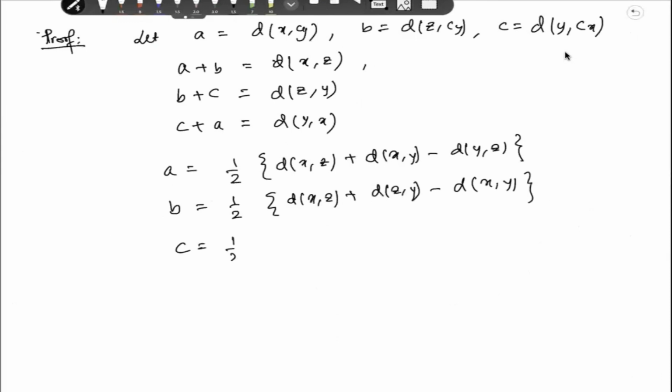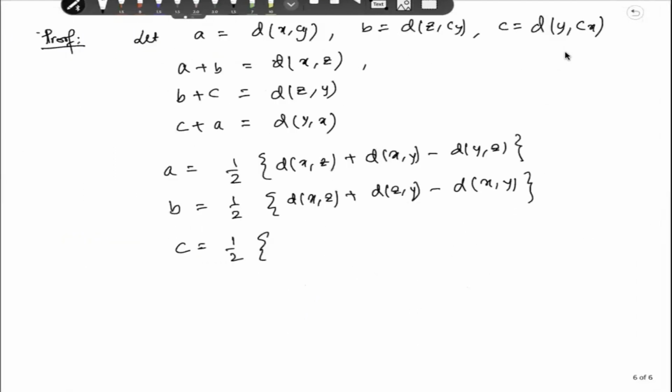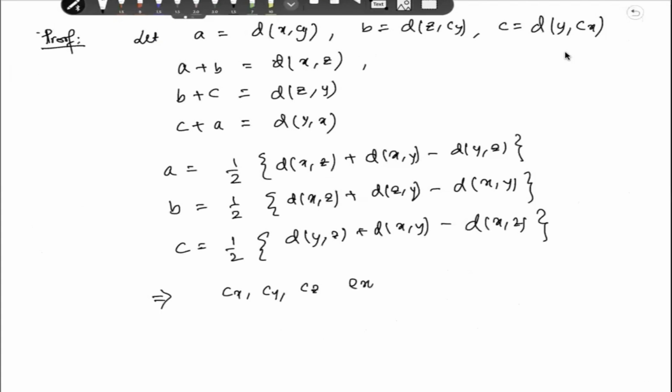And C will be equal to half of distance between yz plus distance between xy minus distance between xz. So this will imply that these Cx, Cy, Cz exist. Now let us take the triangle XYZ again.